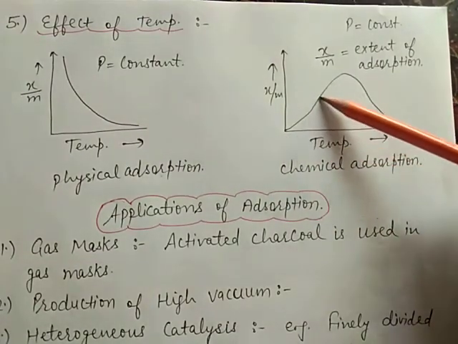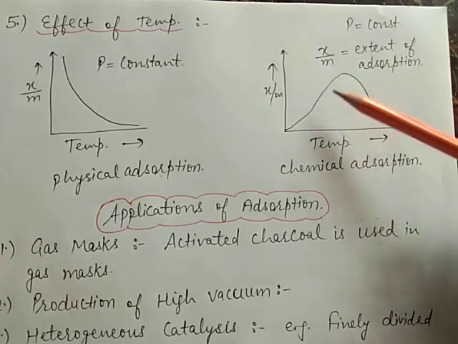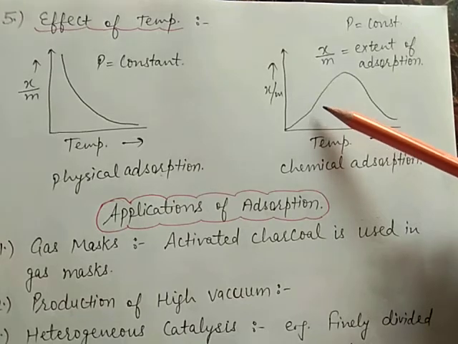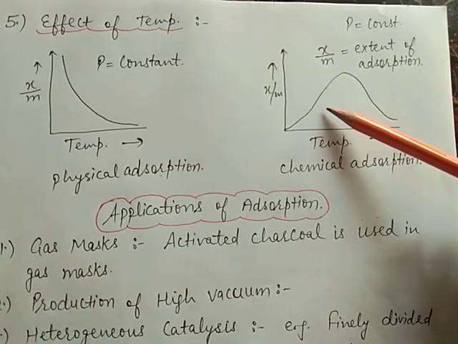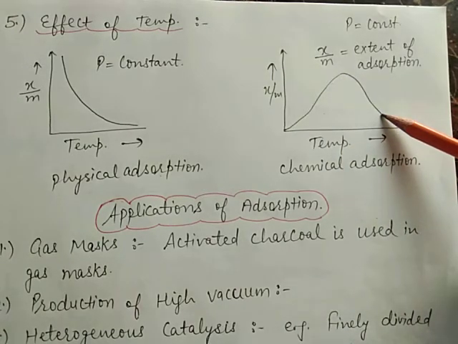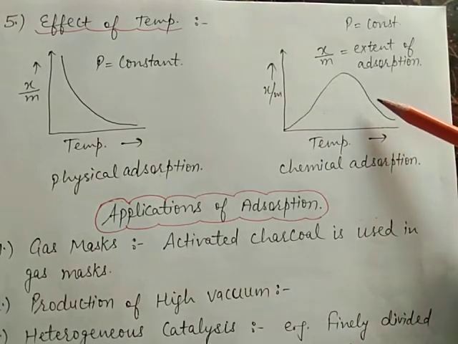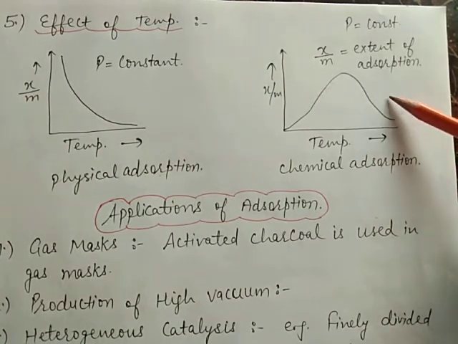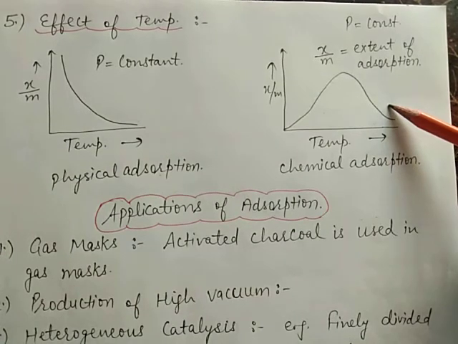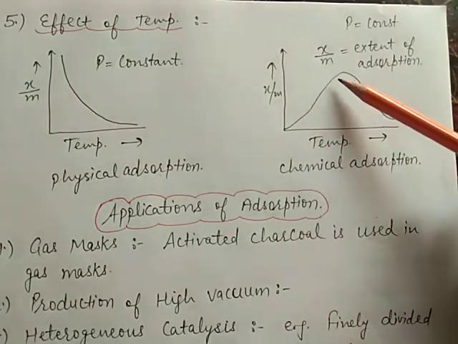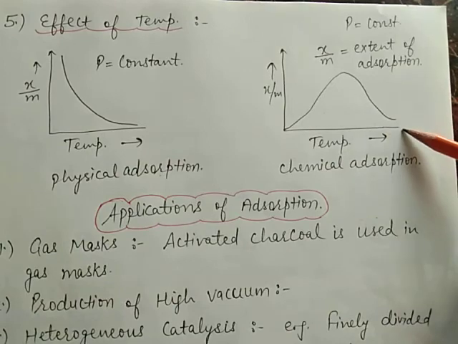The initial increase is because of the heat supplied in the form of activation energy, and the decrease afterwards is due to the exothermic nature of the adsorption equilibrium. So due to this, chemisorption first increases with temperature and then decreases.